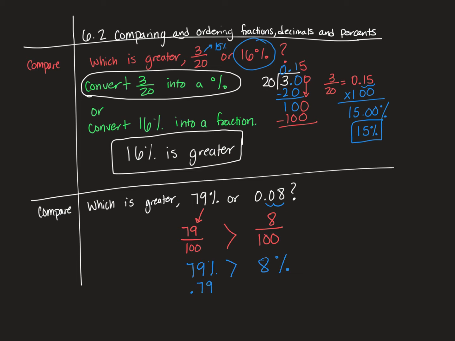And 8% is the same as 8 cents out of every dollar. What's greater, 79 cents or 8 cents of every dollar? Well, 79 cents is. So we converted it into fractions, we saw the percentages, and we also compared the decimals. That's pretty cool that we know how to convert fractions into percentages, percentages into fractions, decimals into percentages, percentages into decimals, and fractions into decimals. That's a lot of stuff that we're learning.